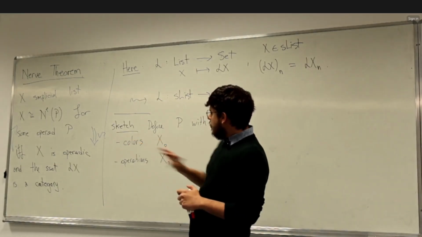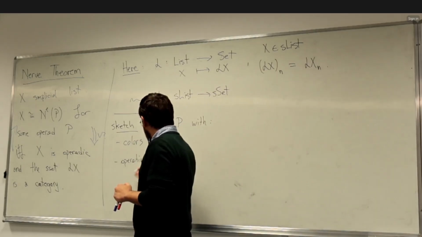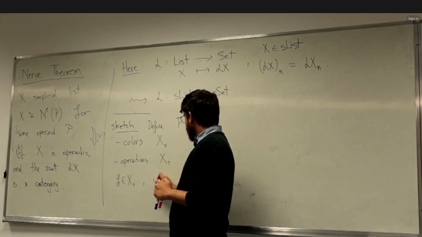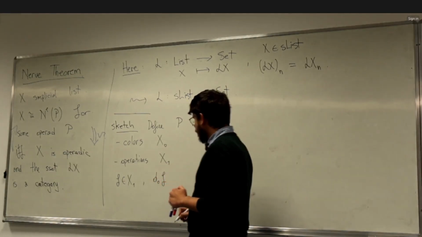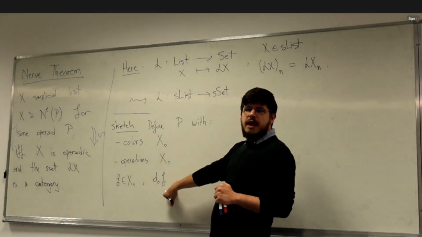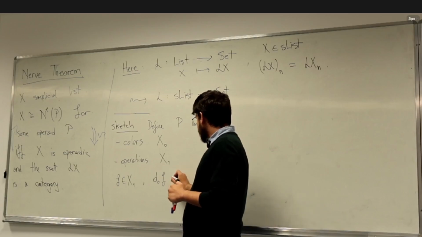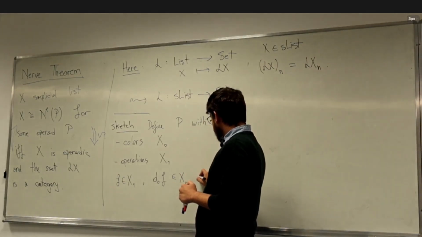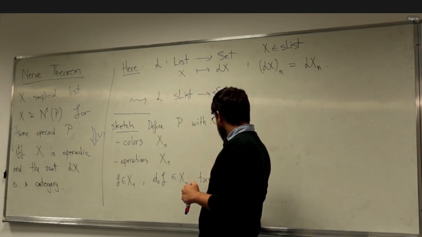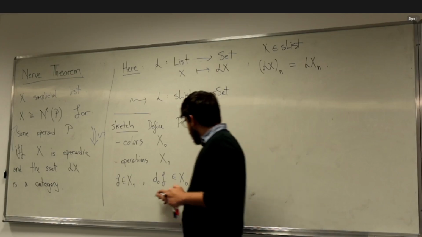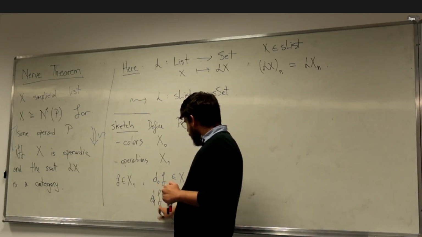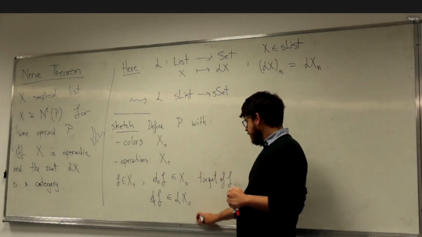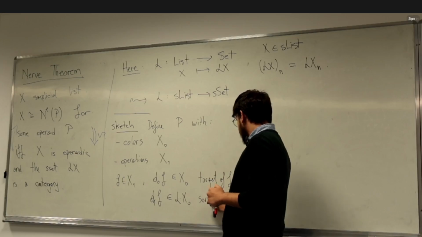And because we know things are operatic, if I have an operation which is a one simplex F, I'm going to let D0F, which is in X0, be the target of F. And now D1F lands into the lists in X0, and I just say this is the source.